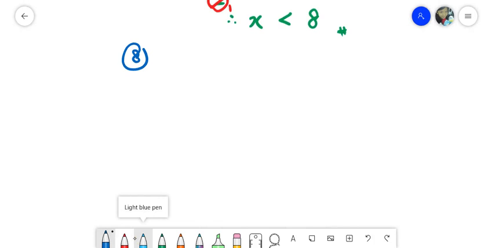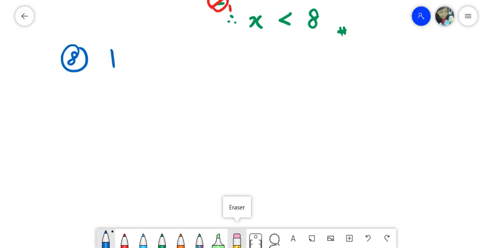Let's go something more challenging. Question 8. Let's say 1 minus 2x greater than 5.